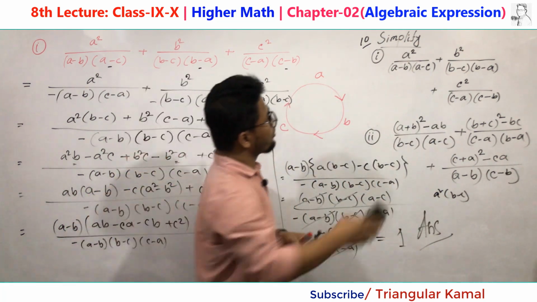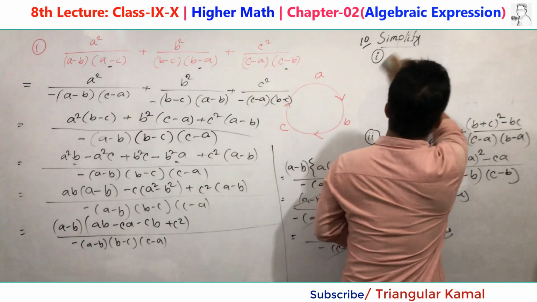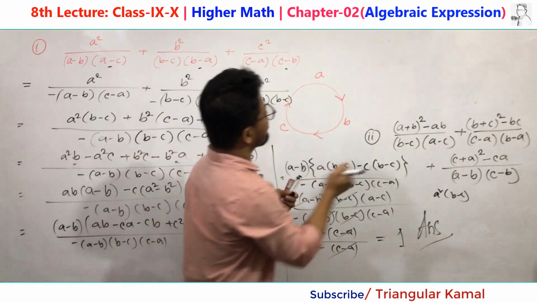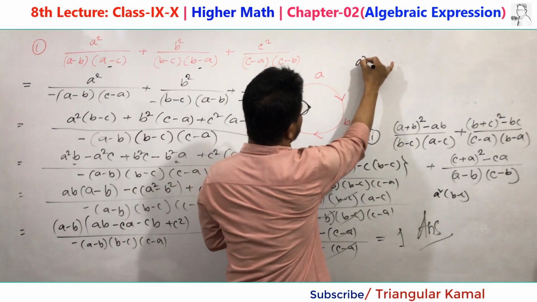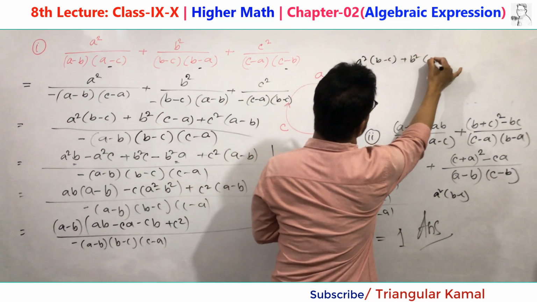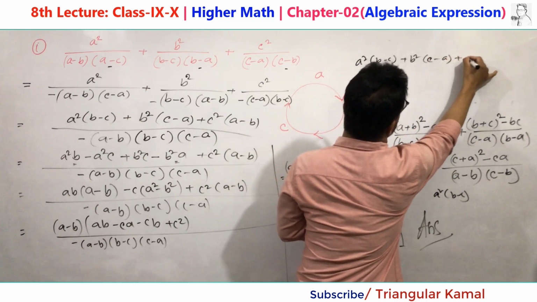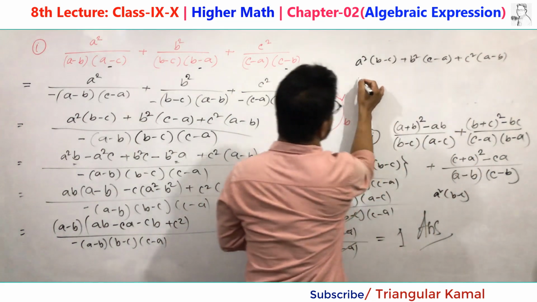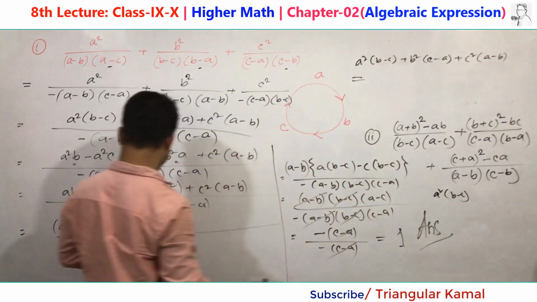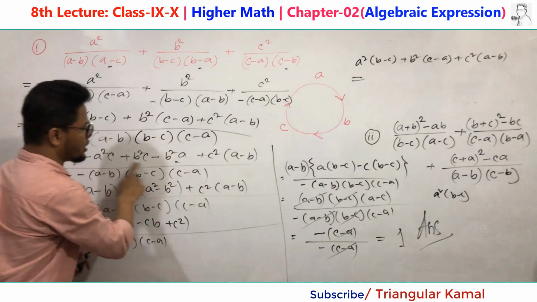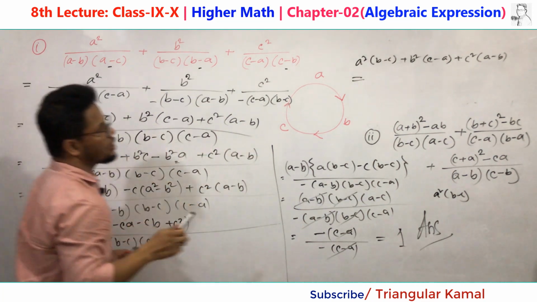Okay, we write the formula here and we will apply this formula in the next maths. That's why we are writing here a square (b minus c) plus b square (c minus a) plus c square (a minus b). So this is the result of just doing the calculation in the numerator part.